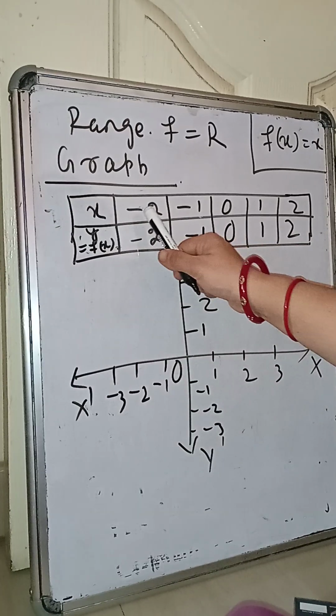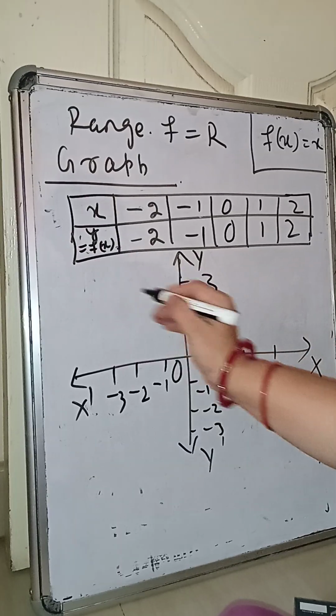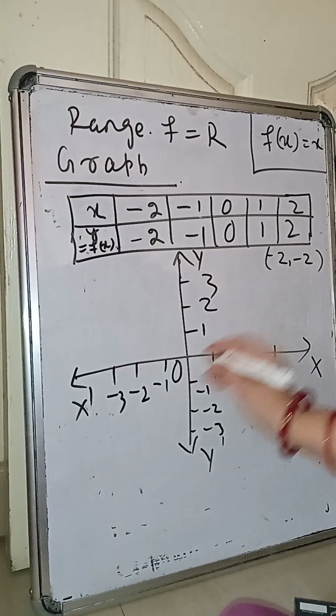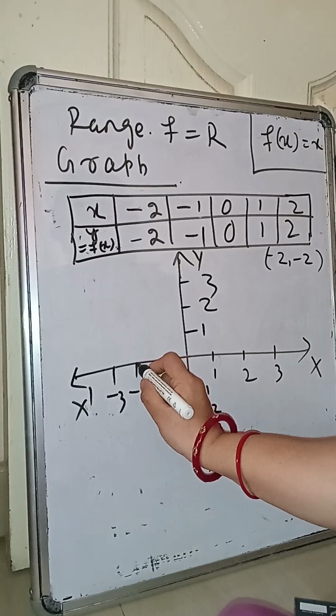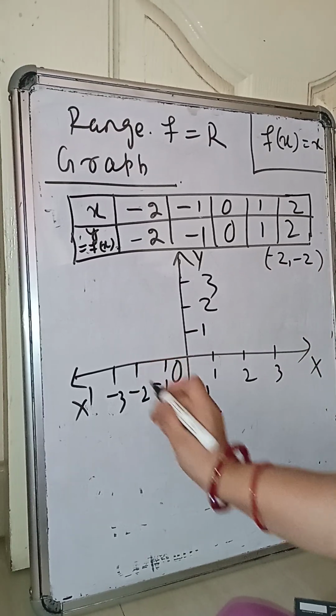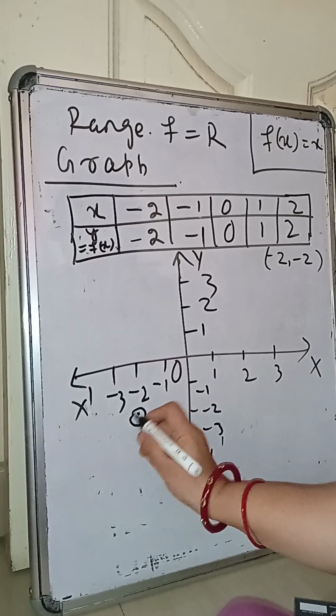Now the first pair: when x is -2, y is -2, so your ordered pair is (-2, -2). This is your first point.